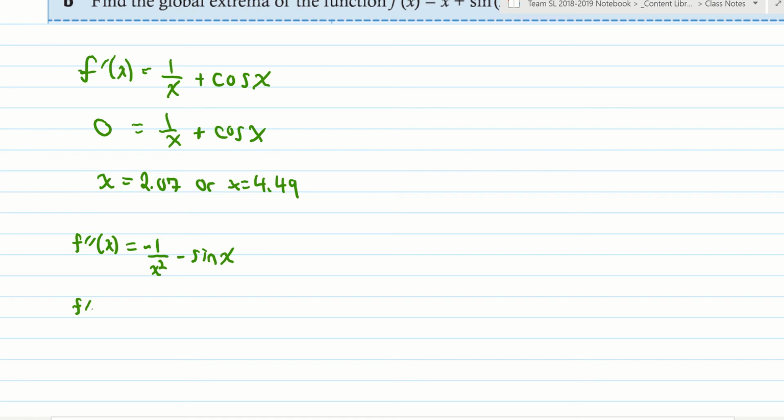Just test if f double derivative of 2.07 is positive or negative? And the same thing, f double derivative of 4.49, is it positive or negative? Okay, best thing to do is just plug these values back into the calculator.